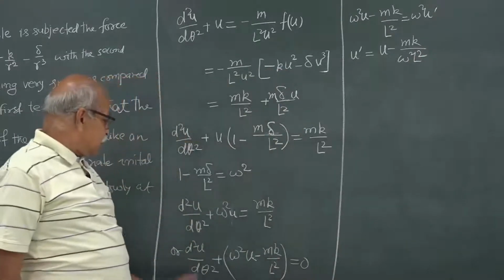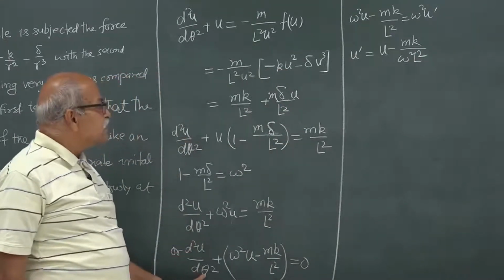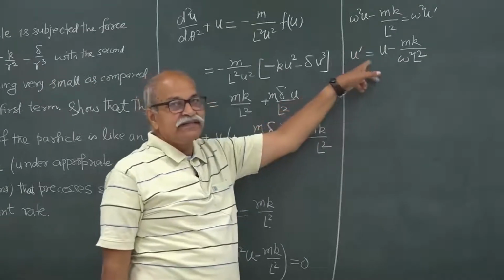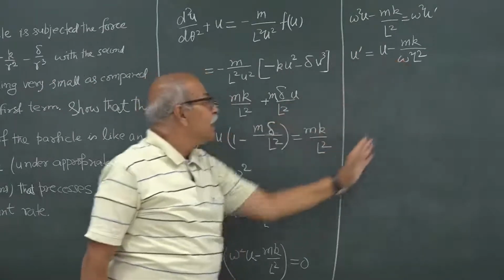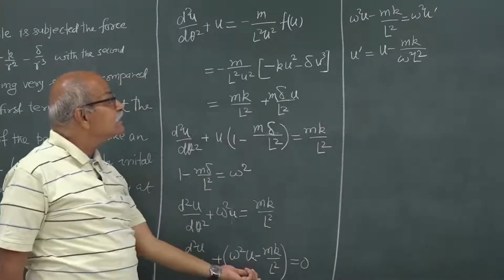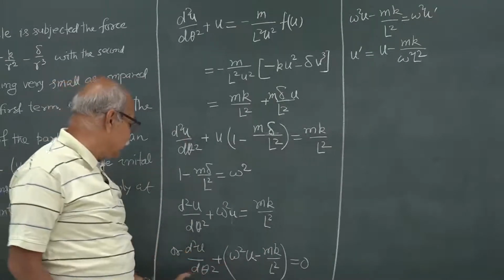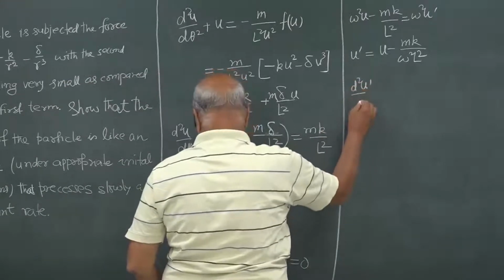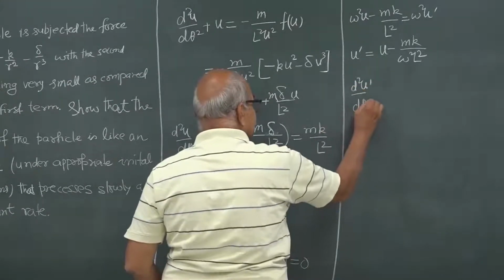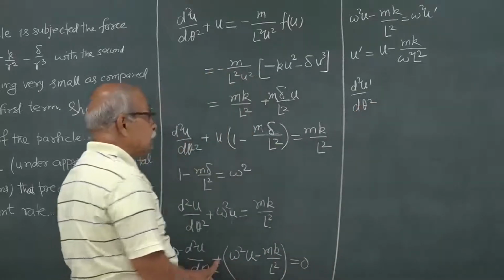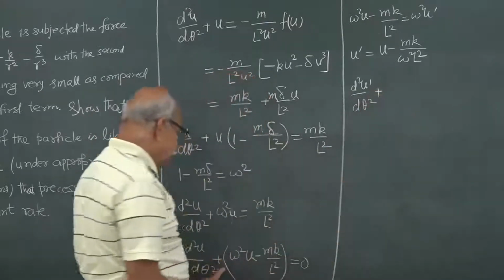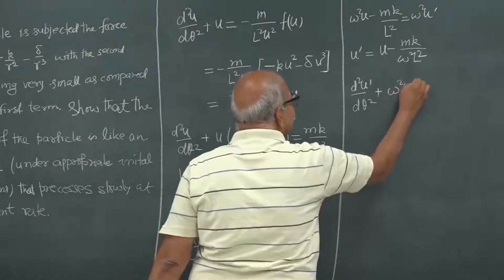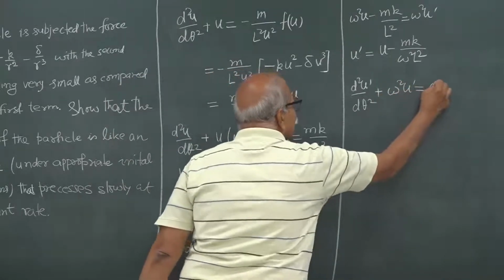So, in that case d2u d theta square is the same as d2u prime d theta square, this is just a constant, and this bracket here is just omega square u prime. So, my equation becomes d2u prime d theta square plus this whole bracket, and that whole bracket is omega square u prime, is equal to 0.